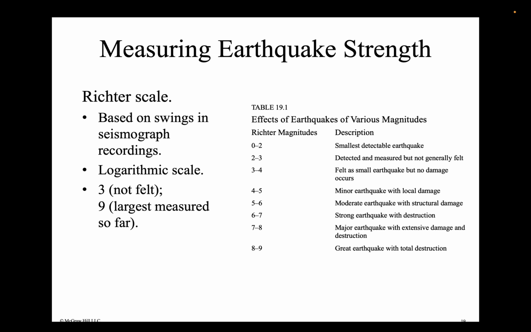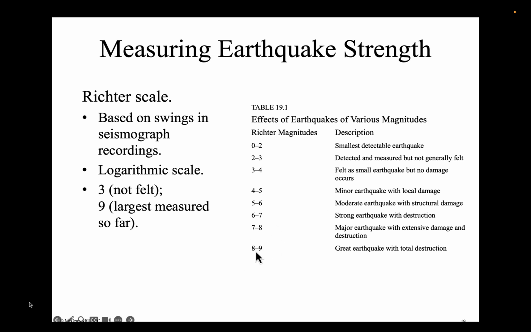So the larger the quake, the larger those waves will be, and the larger the magnitude and the numbers they will receive. Of course, we have a bottom limit here, which is 0, a barely detectable earthquake, but there is no upper limit in this scale. I know that here I am showing the 9.